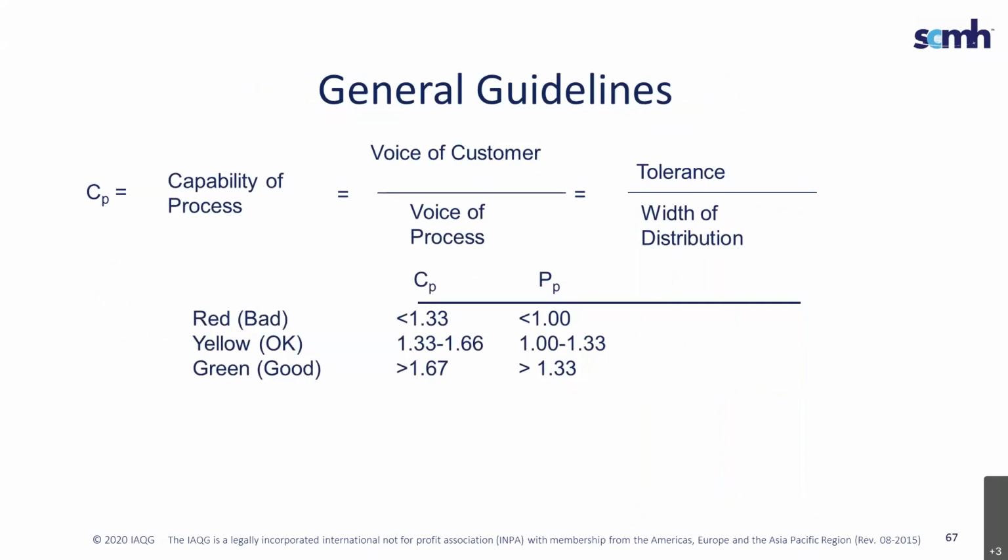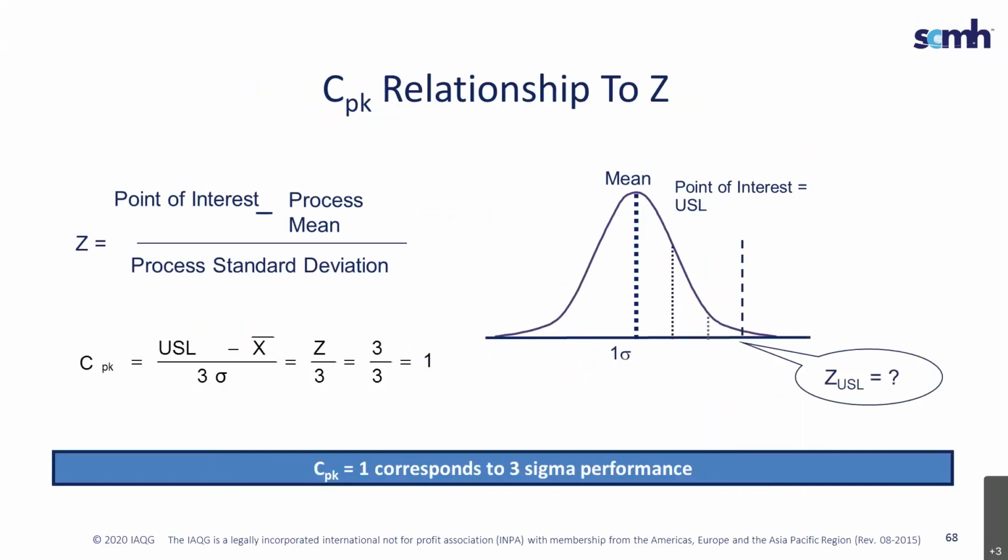Some of the guidelines around what is good and bad CPKs, especially for key characteristics, is actually defined for key characteristics in APQP, what is required for CPKs, and the relationship to our Z tables or our Z numbers, which shows a relationship between the CPK and actual defects that we see from the products.